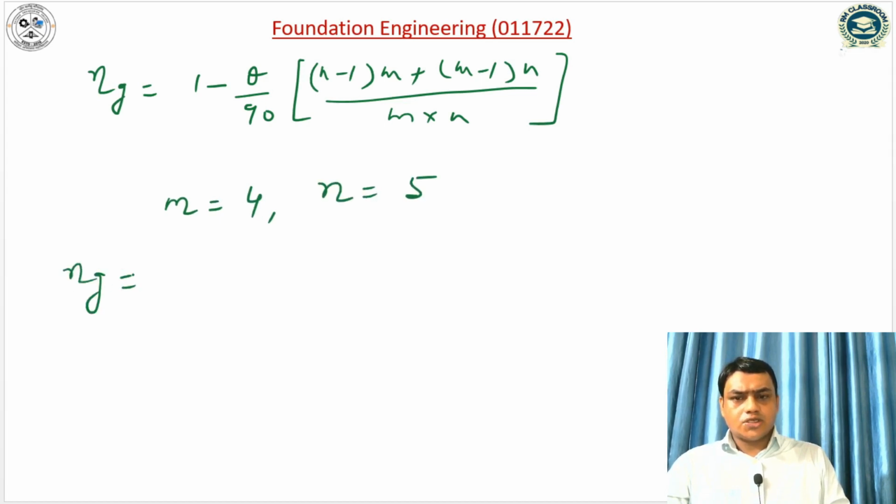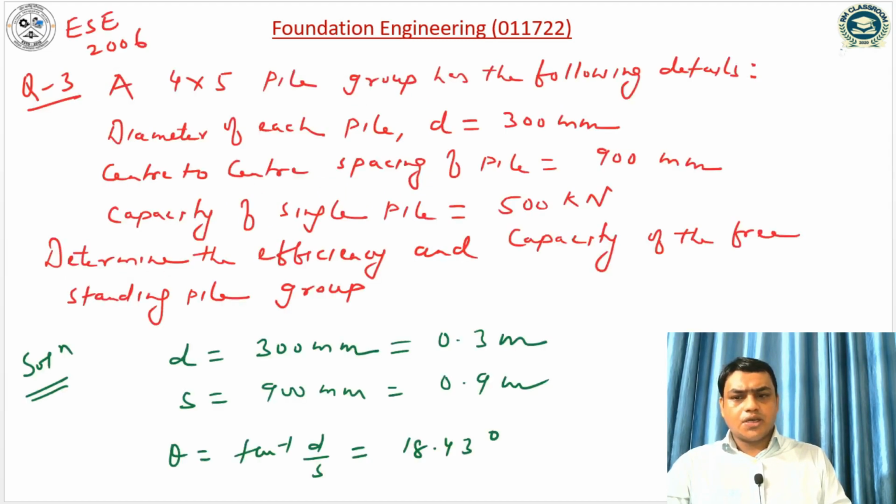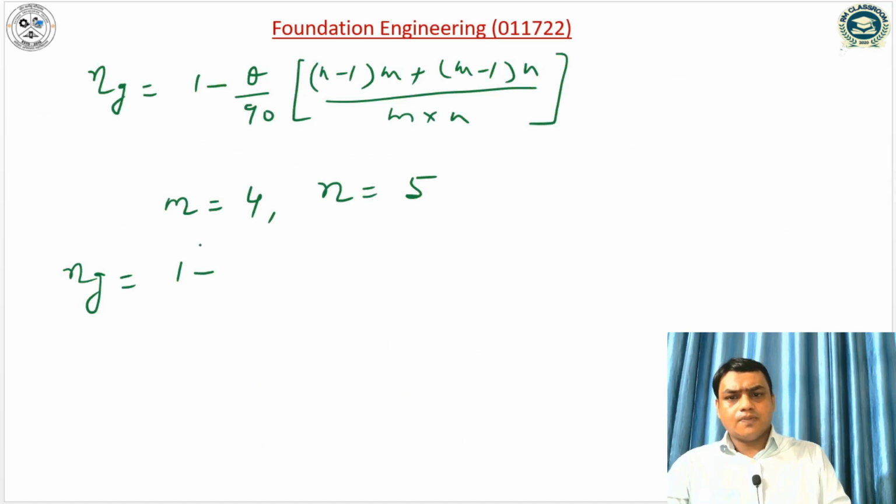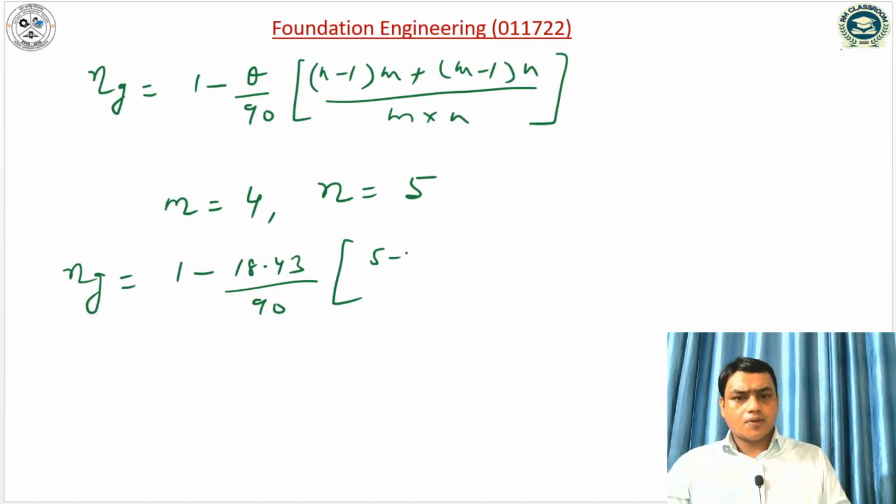So the efficiency of the group is 1 minus theta, 18.43, divided by 90, into (5 minus 1) into 4 plus (4 minus 1) into 5, divided by m into n, which is 4 into 5.